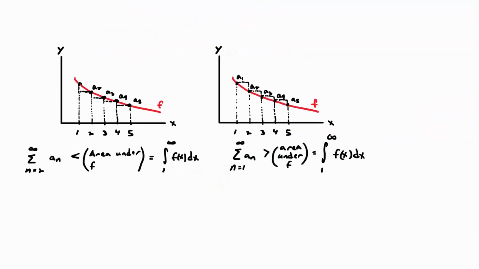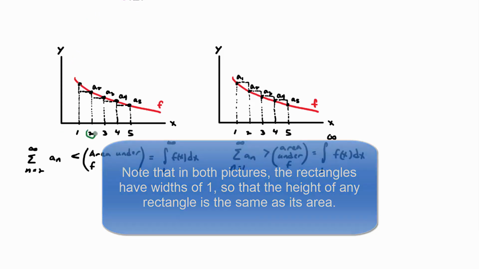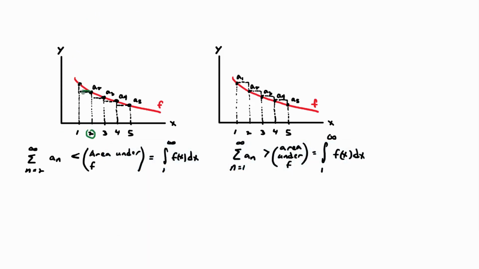So I've drawn two pictures for you, and notice the f in these pictures does satisfy that f is positive, continuous, and decreasing. So suppose I plug in right-hand values to get the heights here. Then this height here is a2. This height here of this rectangle is a3.